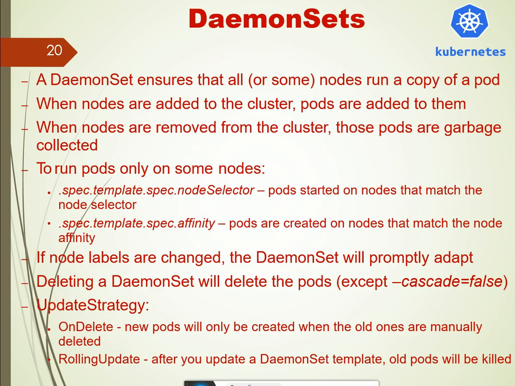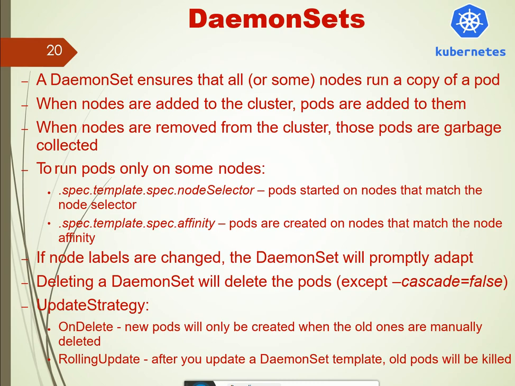DaemonSet. A DaemonSet ensures that all or some nodes run a copy of a pod. When nodes are added to the cluster, pods are added to them. When nodes are removed from the cluster, those pods are garbage collected.